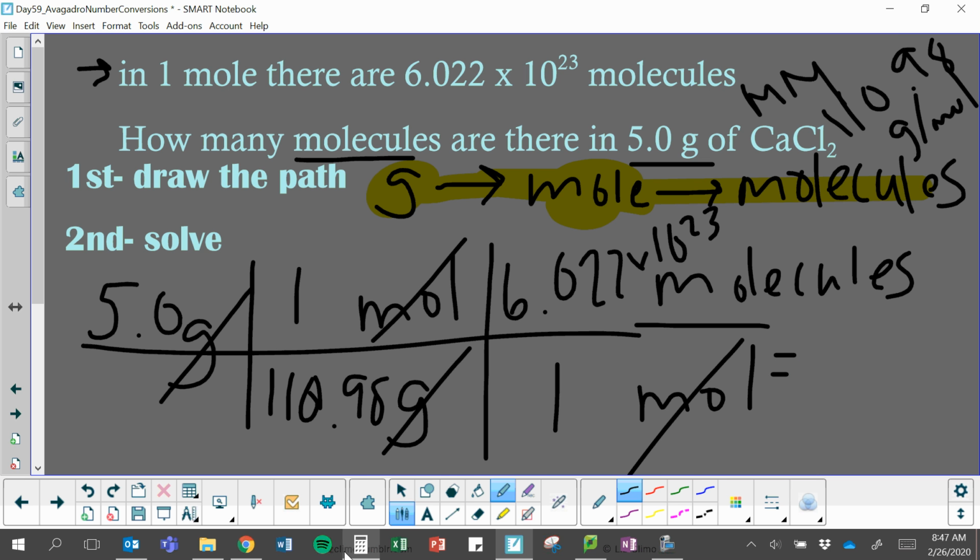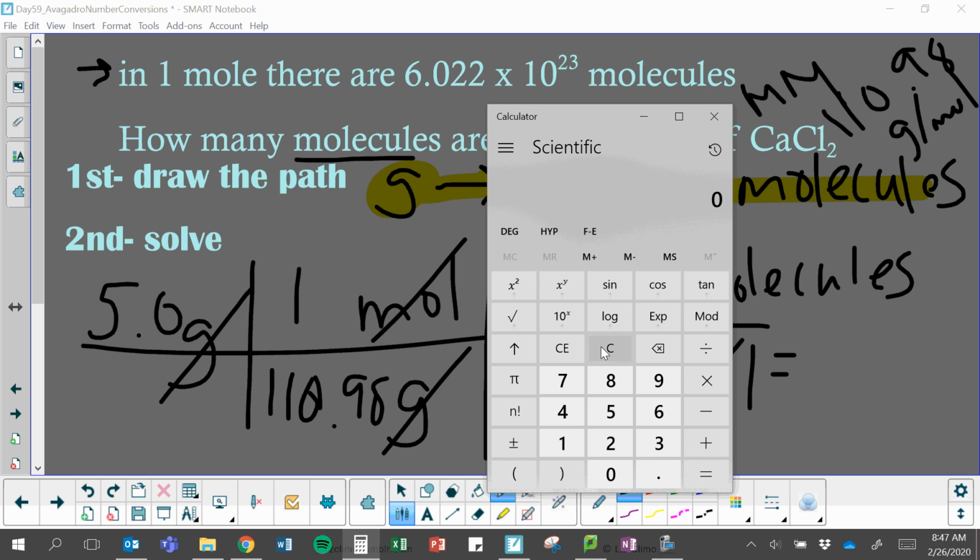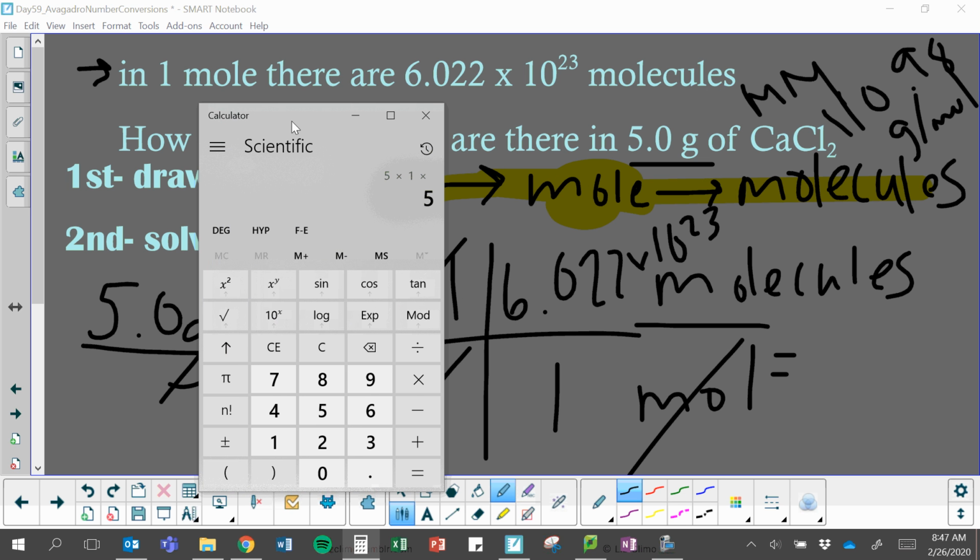So now we just need to put this in our calculator. So remember, we multiply everything on top and divide everything on bottom. So we're going to do 5.0 times our 1. You can skip the times 1 if you would like. Times our 6.022 times 10 to the 23rd.